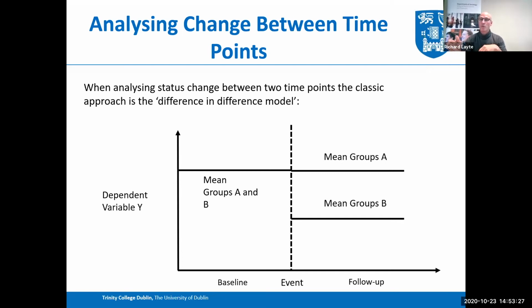And what that means is that we should have a hypothesis that then something would have happened to our two groups, group A and group B. Our hypothesis should suggest some effect that the event has on the means of group A compared to the means of group B at follow-up compared to baseline. And the straight difference in difference model is simply an interaction effect between baseline and follow-up. It's a really neat little way of doing analysis.